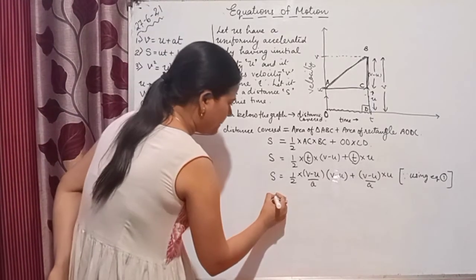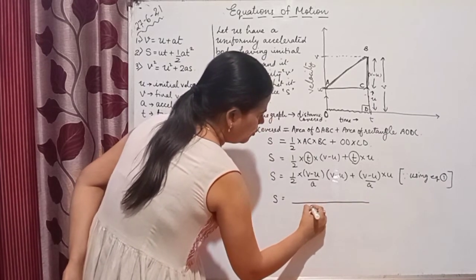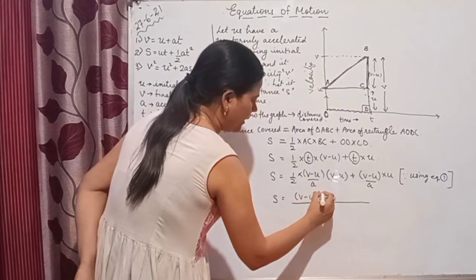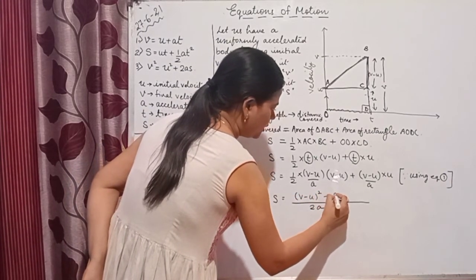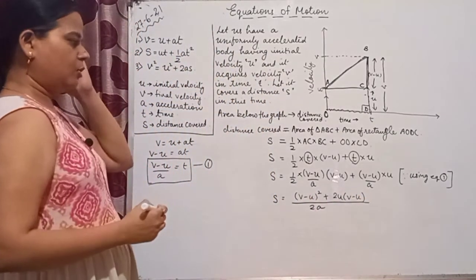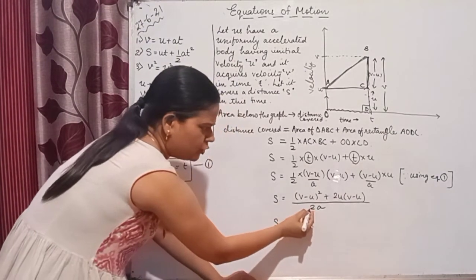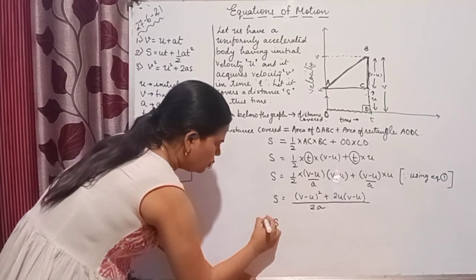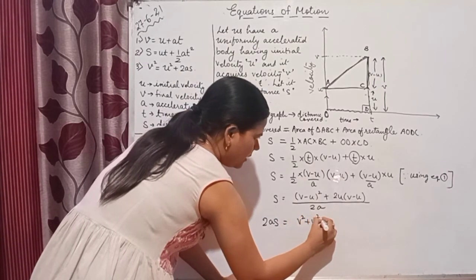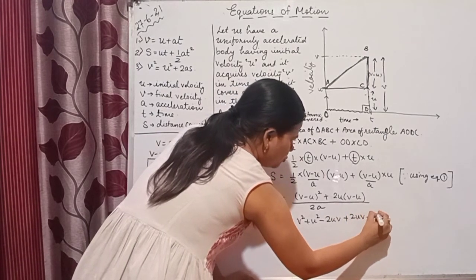In the first step I shall take 2A as the LCM. So I will get V minus U whole square plus 2U into V minus U. Now let us shift this 2A to the other side. So we will get 2AS is equal to V square plus U square minus 2UV plus 2UV minus 2U square.